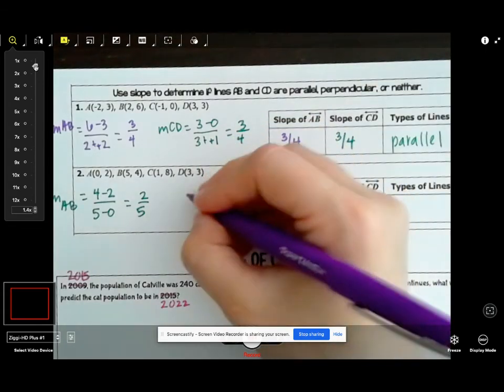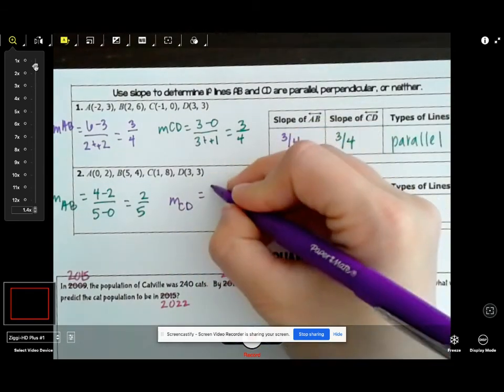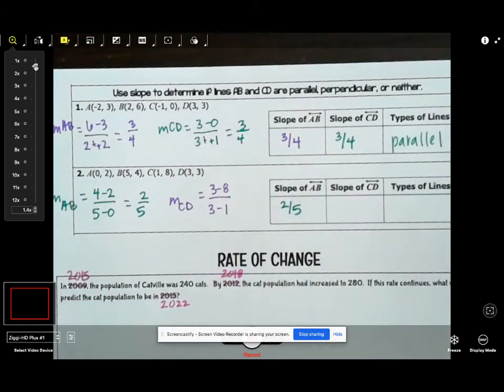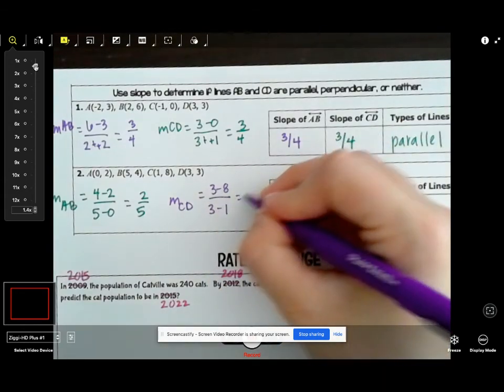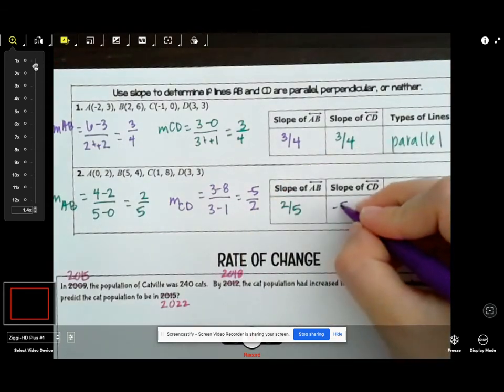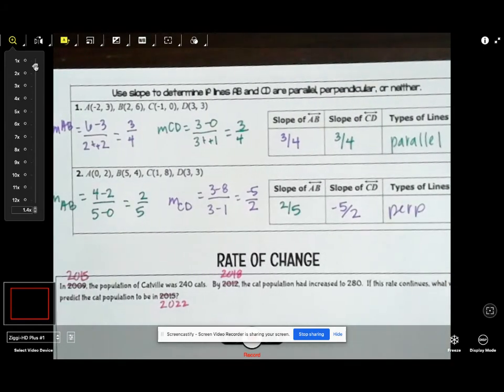And then if we find the slope of CD, 3 minus 8 over 3 minus 1, -5 over 2. So they're not the same, obviously, right? But can we agree that they're flipped? And one's positive, one's negative, which makes them perpendicular. They're opposite reciprocals.